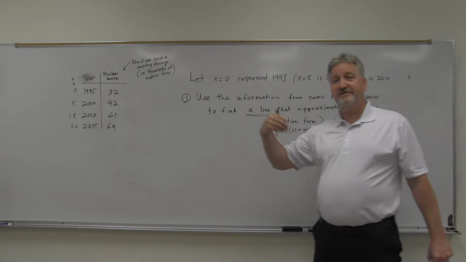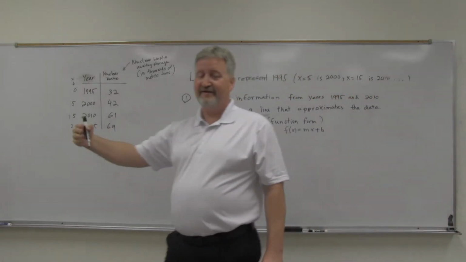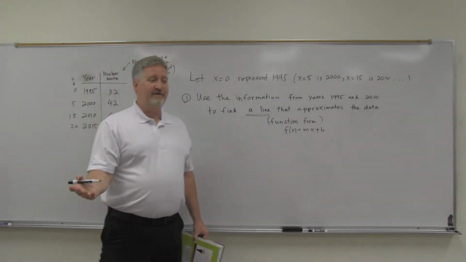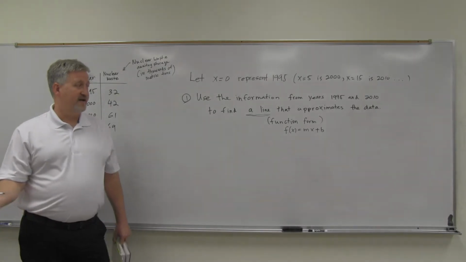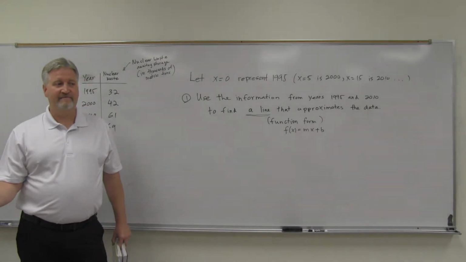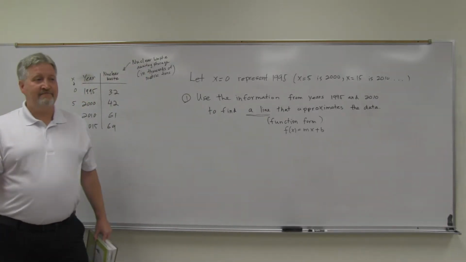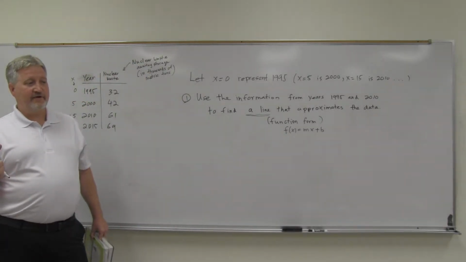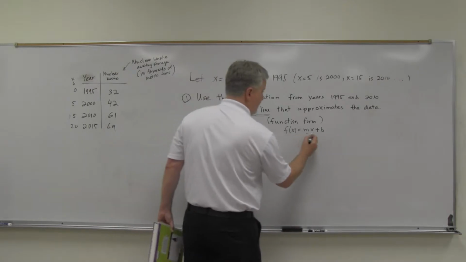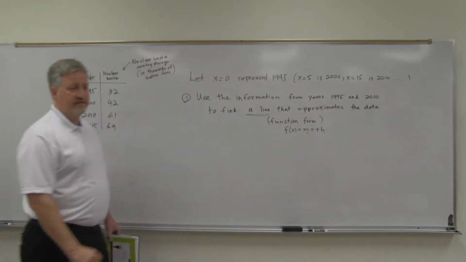It's not y equals mx plus b. It means the same thing, but this is the form they're going to want. Now, it's the same thing as before. What we need to do is figure out the m and the b, right?